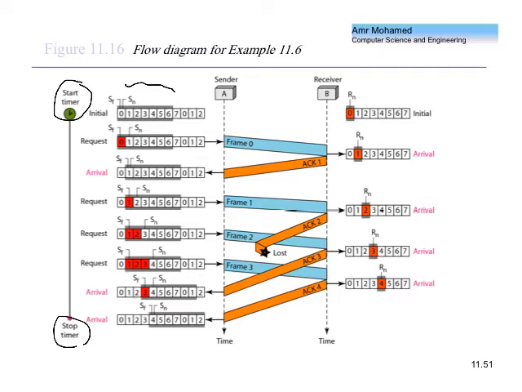So if I send frame number 0, and before sending frame number 1, the receiver has received frame 0 successfully and has sent the acknowledgement, in that case, it's fine. I can just slide the window, and that's what happened in this case.